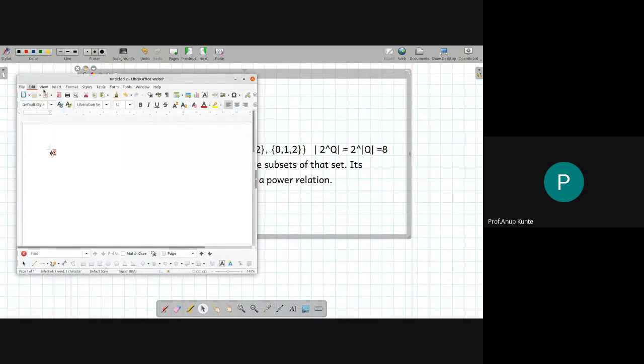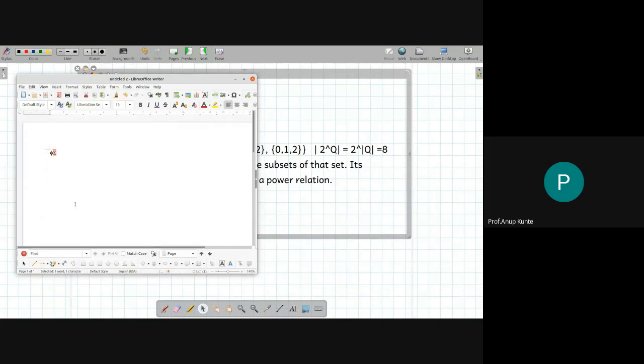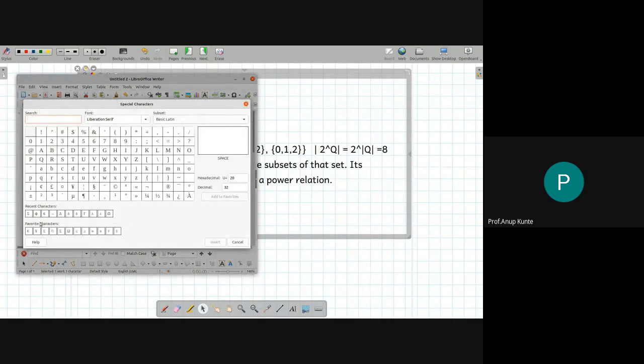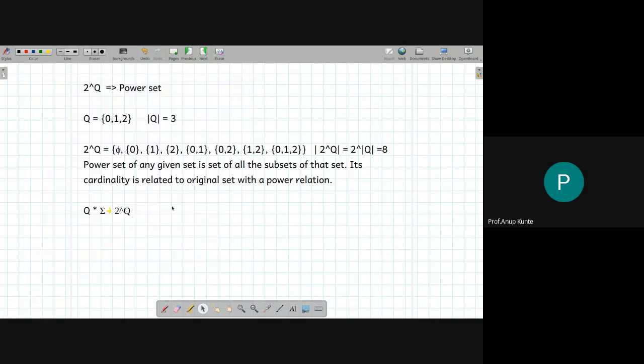Let me just insert one more symbol which is delta. मैं symbol deliberately आज use कर रहा हूँ because these are mathematical subjects and you should use the symbols wherever they are appropriate.